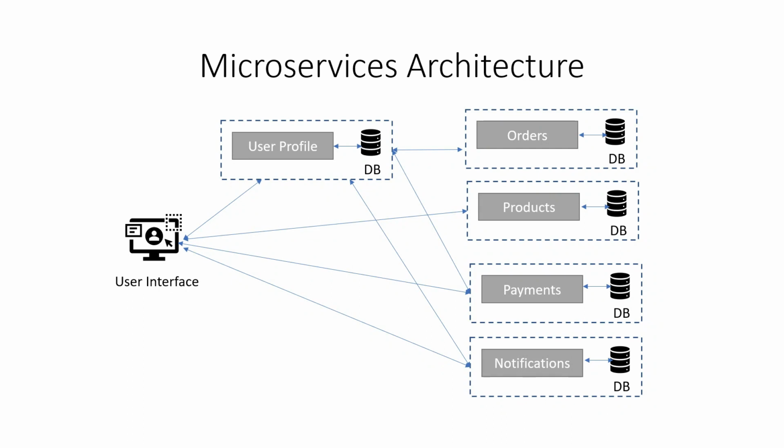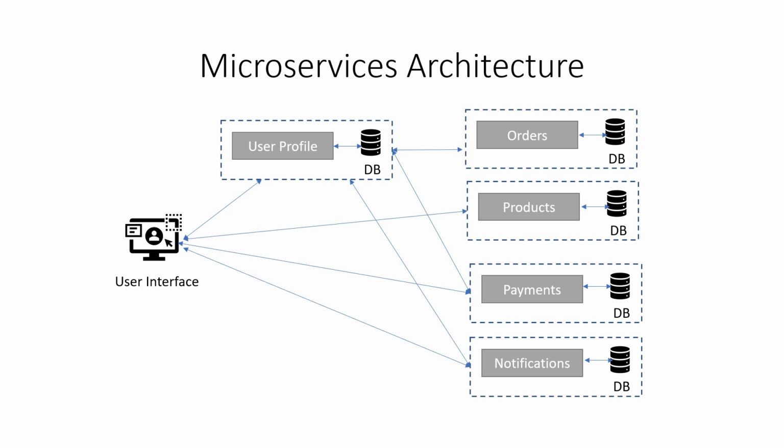Even if you face performance issues and have to scale up a particular module, say the orders microservice, you can still do it, and there won't be much downtime or delay for the user. Other pages will be working fine.